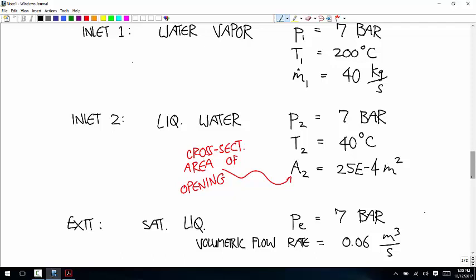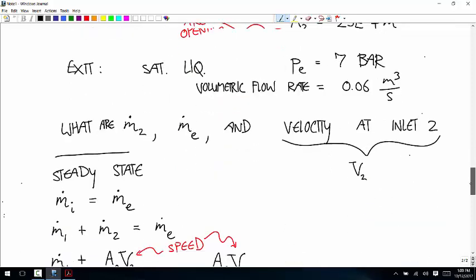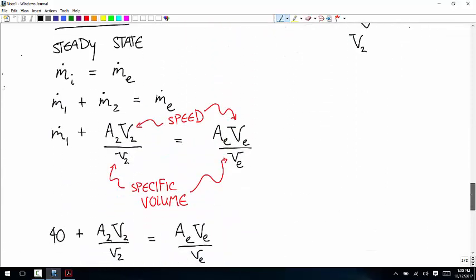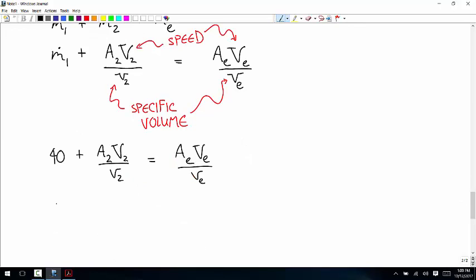At inlet 2, we know that area, so I'll replace that. So we have 40 plus 25 times 10 to the minus 4 times the speed at inlet 2 divided by the specific volume at inlet 2. And what do we know at the exit?